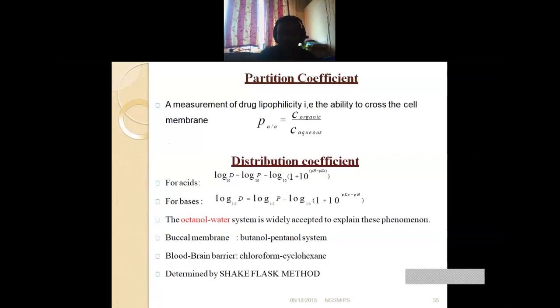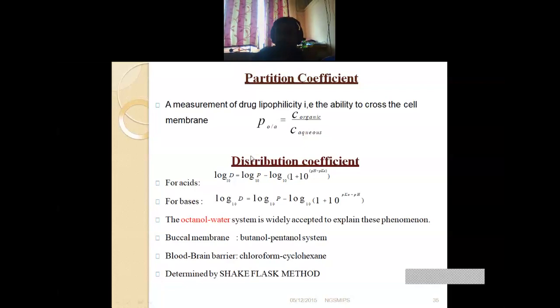By this calculation, we can calculate the partition coefficient. What is partition coefficient? It is a measurement of drug lipophilicity. If the drug is highly lipid soluble, then it can easily cross the cell membrane. That is the main point.